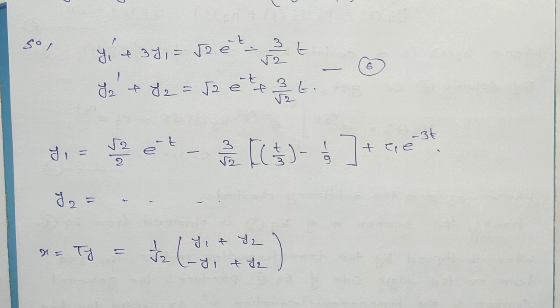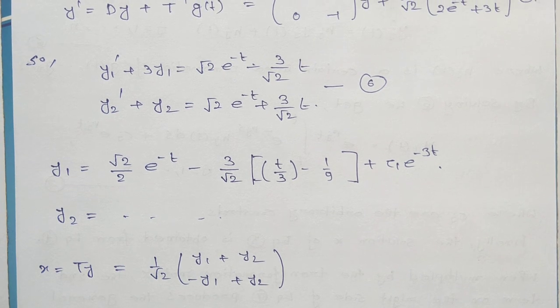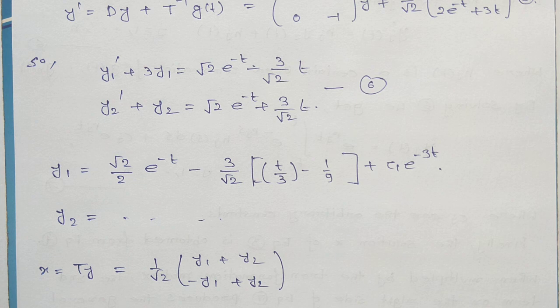Now we put in the values of these and we get our solution. So this is how we can derive the solution of our non-homogeneous linear system. So that's all for today's class. Thank you.